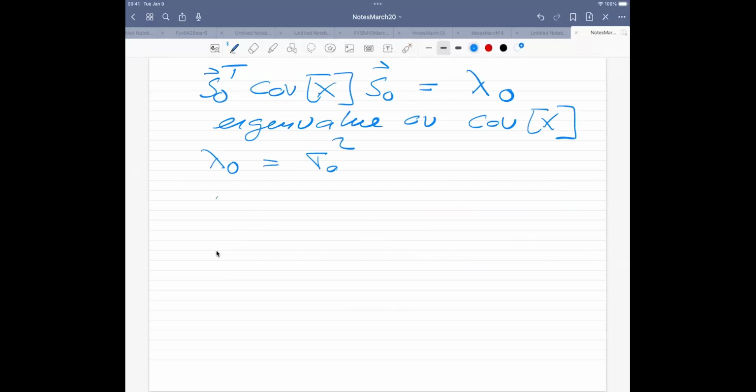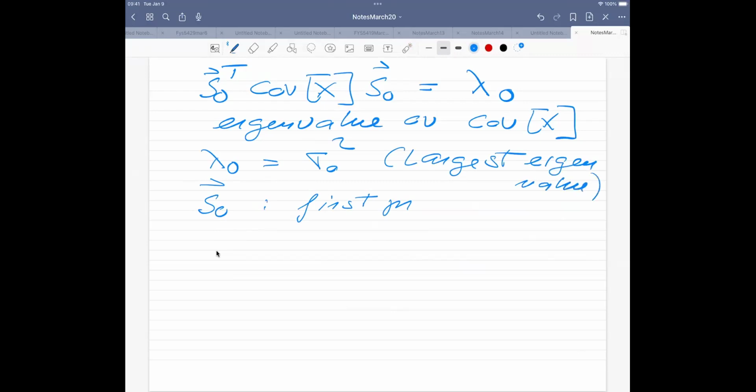This S0 is normally called the first principal component. It corresponds to the largest eigenvalue, which is the same as the largest variance, because the eigenvalues of the covariance matrix are the variances. So this is called the first principal component.